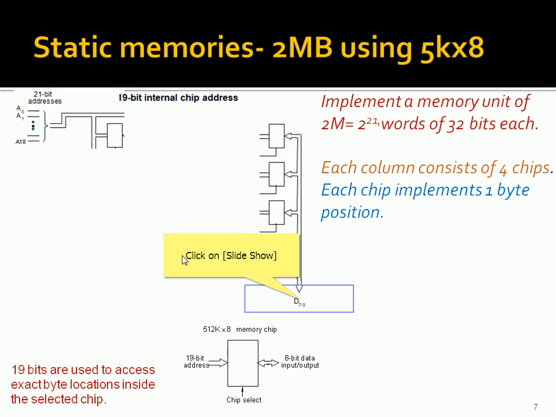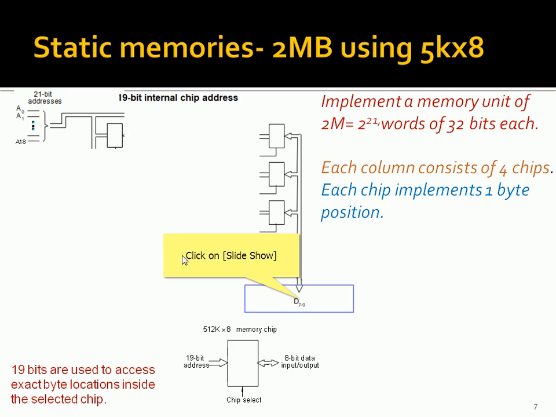Each column consists of 4 chips implementing one byte position. So this is 2 MB into 32. To construct 2 MB, using half MB into 8, 4 such chips will be there. So this is half, this is half, total 2 MB. So this one column will become 2 MB of the first byte.